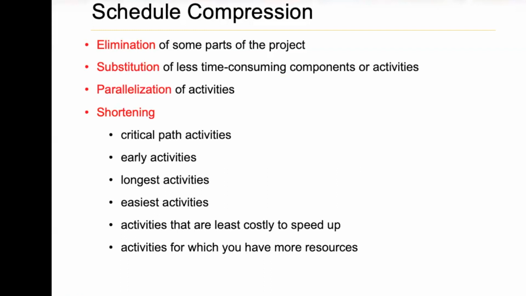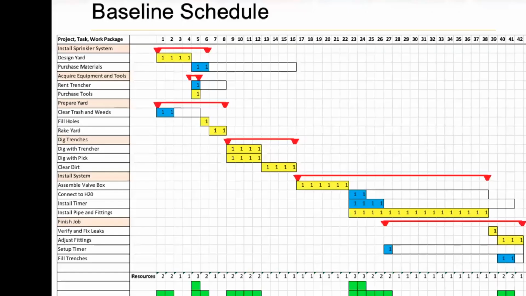So that's good. For example, let's go back. Acquire equipment and tools. If you please observe carefully here. Look, I gave 2 labor hours to renting the trencher and purchasing the tools.